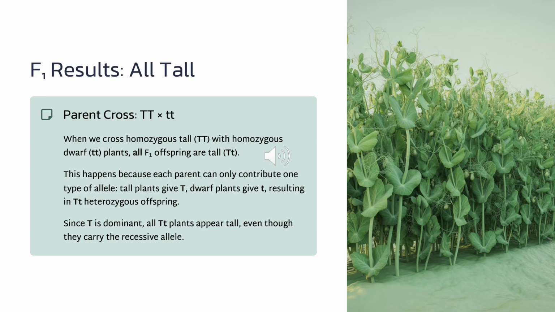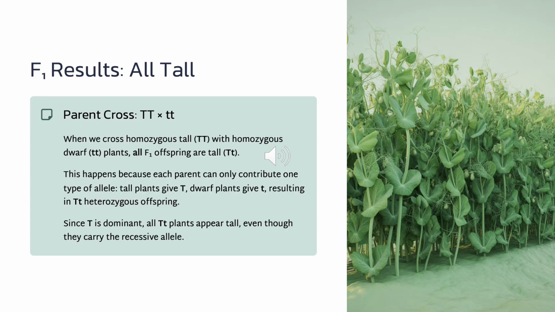So the F1 result is all tall. In a parent cross, when we cross a homozygous tall with a homozygous dwarf plant, all F1 offspring are tall. This happens because each parent can only contribute one type of allele. So the tall plant gives capital letter T, the dwarf plant gives lowercase letter t, resulting in heterozygous offspring.